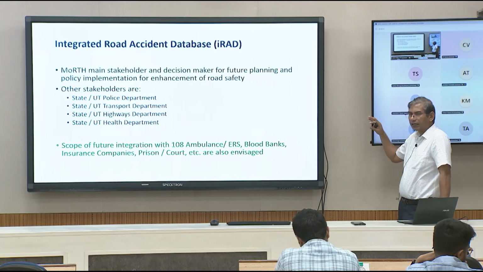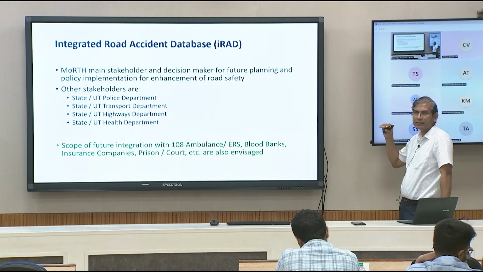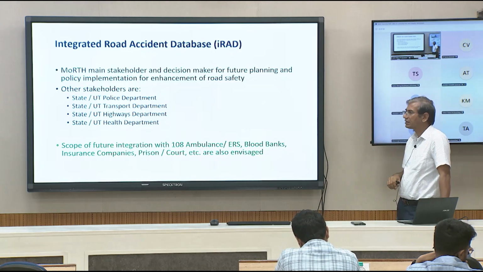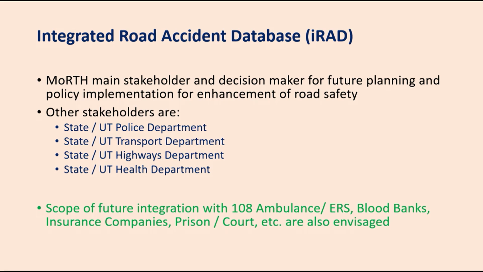Okay. And not only with the police, this is really able to coordinate among all stakeholders. Police is one primary department which has responsibility of collecting data. The first respondent will be the police, then transport department, highway department and health department, and subsequently they planned to expand it to link with the ambulance, so that as soon as an accident gets reported, the ambulance also gets a message.